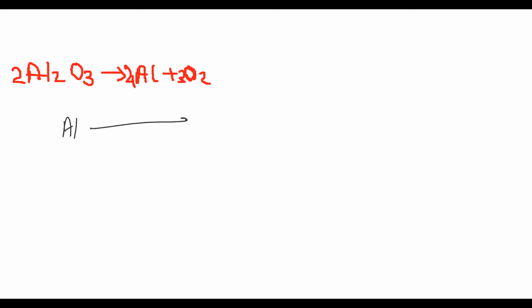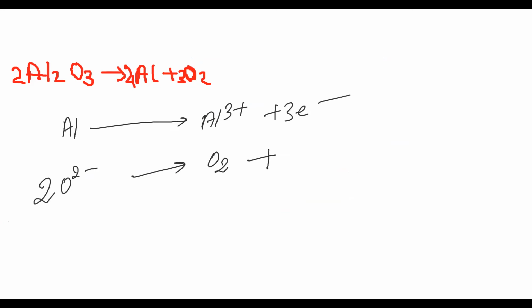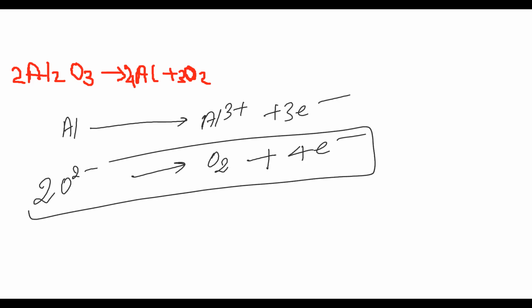Al3+ is gaining 3 electrons, so it forms Al. Then for oxygen, 2O2- loses 4 electrons, forming O2 plus 4 electrons. Anyway, you need to write the balanced one. You can check in the book also.